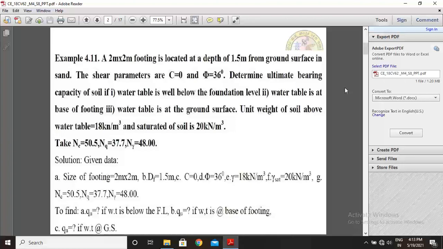The unit weight of soil above water table is 18 kilonewton per cubic meter and saturated unit weight of soil is 20 kilonewton per cubic meter. Take NC equal to 50.5, NQ equal to 37.70, N gamma equal to 48.00.